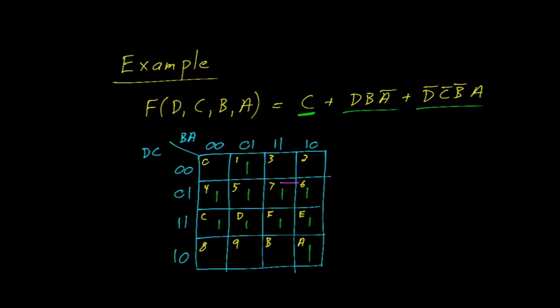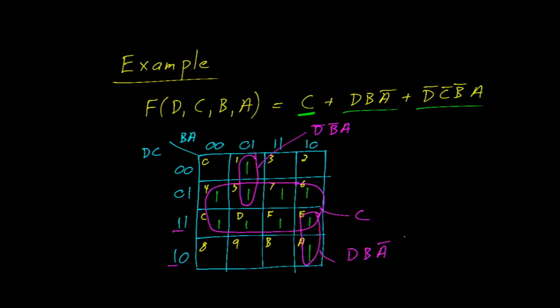As for simplification, we already knew this one, so that's C. Looks like this can be combined, so that is D0 and B0 A. It looks like these two can be combined, which gives us D B A0.